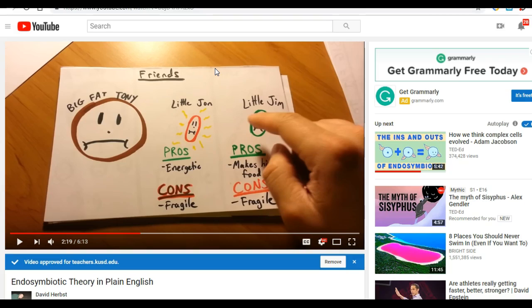The chloroplast, right? So little John and little Jim are chloroplasts and mitochondria. They're bacteria that eventually become swallowed up through endocytosis by a bigger cell, and then they end up becoming the chloroplast and mitochondria, and that's why they have two membranes, okay? Because they already had one, but when they get swallowed up by another cell, they're getting that double membrane. We'll talk more about this tomorrow.